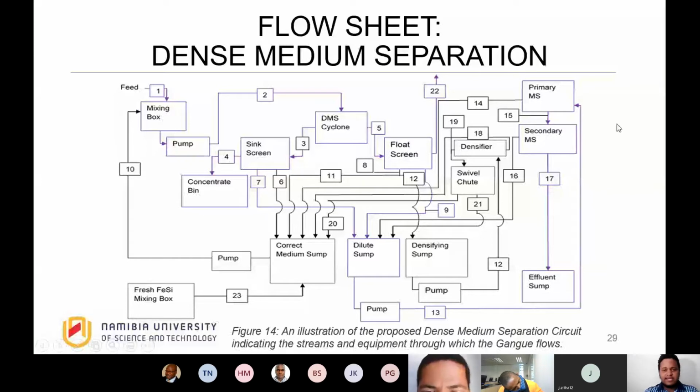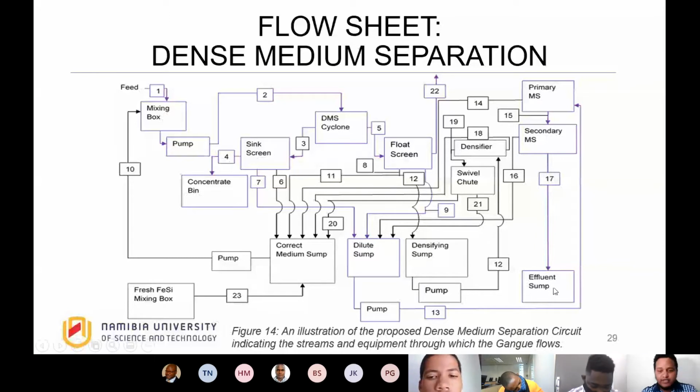From the sink screens, some of the gangue material is then sent to the dilute sump, where it is pumped to the primary magnetic separators in order to recover your ferrosilicon. The gangue that is not sent there is sent to your secondary magnetic separators, which is then also sent to your effluent sump.